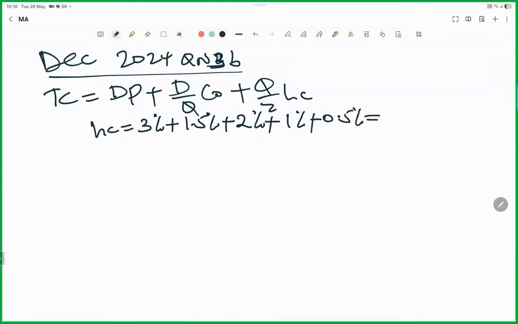What answer do we have, ladies and gentlemen, for holding cost? Is it 8%? So it will be 8% of the buying price, of the purchase price. So it will be 8% of 15. 8% of 15 is 1.2.